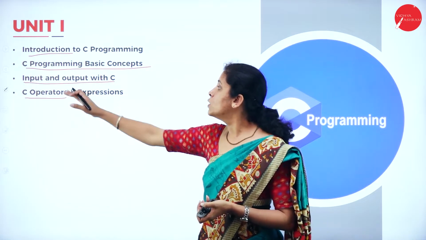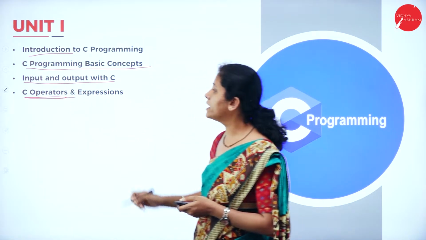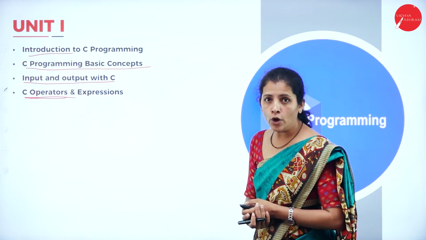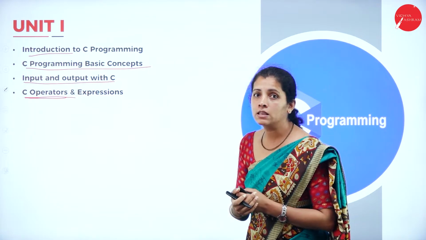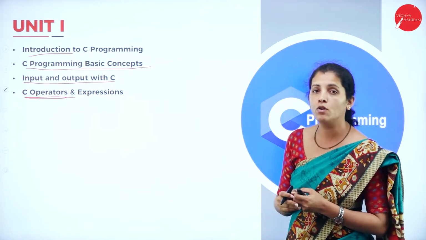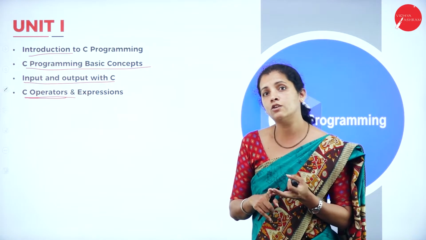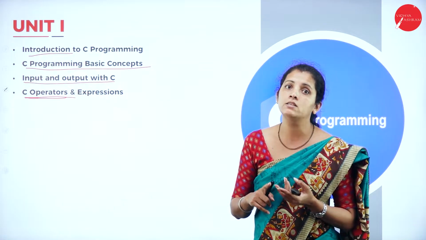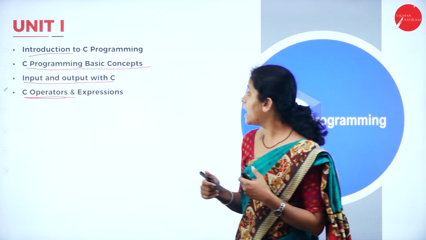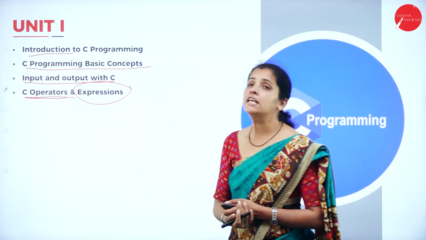And if I go with the fourth chapter, that is C operators and expressions. So here I'm going to get topics like what is an operator and different types of operators like arithmetic operators, relational operators, logical operators, assignment operators, bitwise operators, etc. Along with that, I'm going to get the topic expressions.